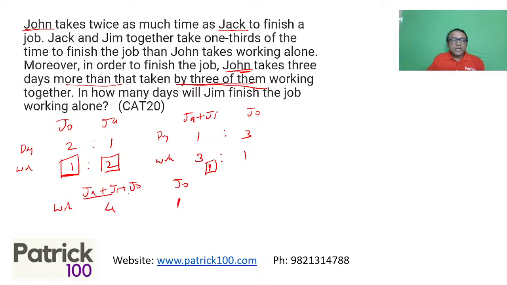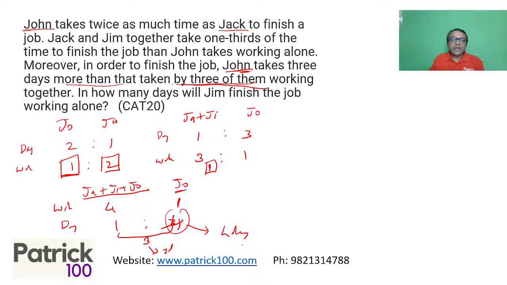So Jack plus Jim plus John is 4 and John is 1. That is the work done. So days taken will be 1:3. Now they said difference in the days, 3 more days. So 1 and 4, the difference is 3, which is 3 days. So John takes 4 days to complete the work alone.